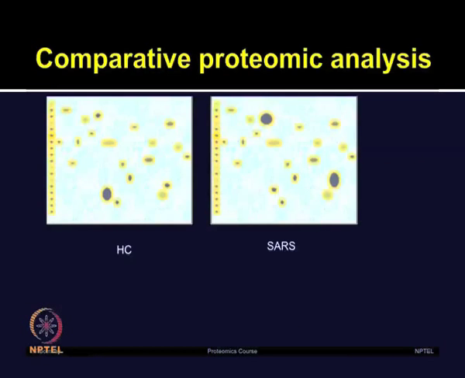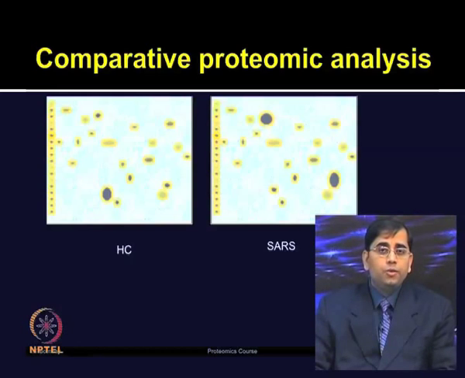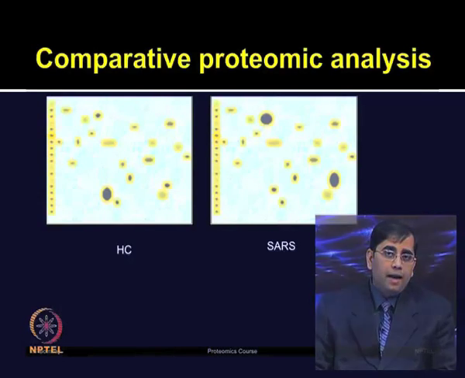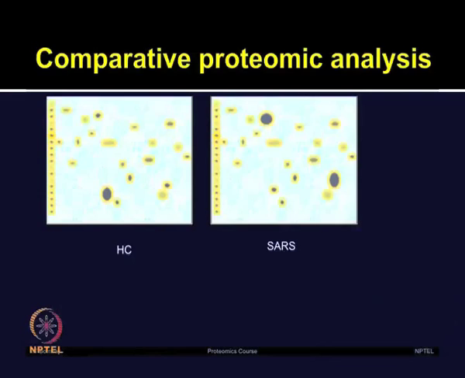So, the comparative proteomic analysis of these 2D gels revealed that 38 protein spots were differentially expressed, with more than two-fold change. And out of these spots, 35 were upregulated and 3 were downregulated.